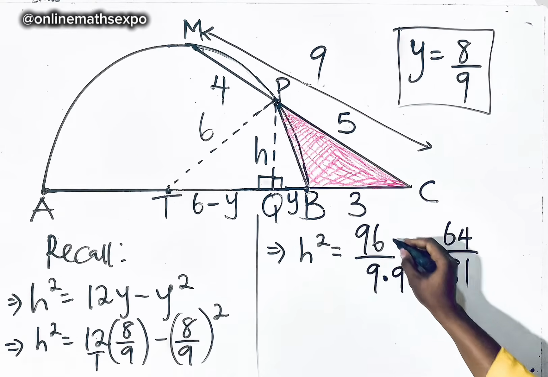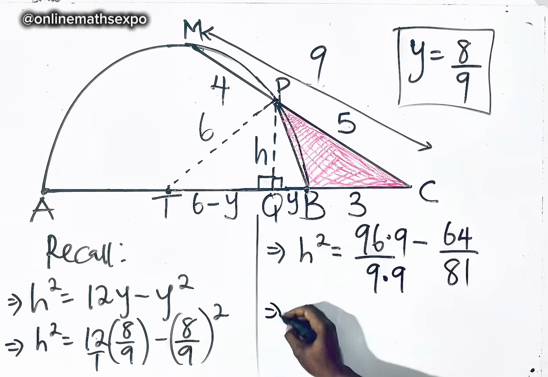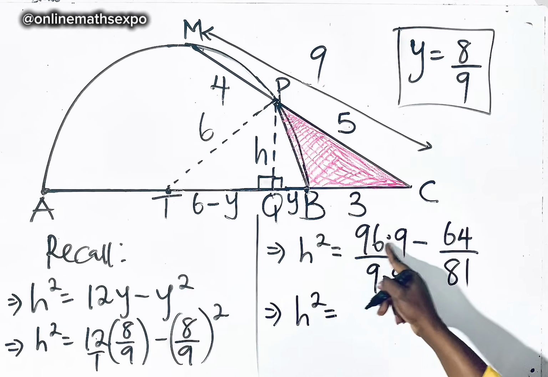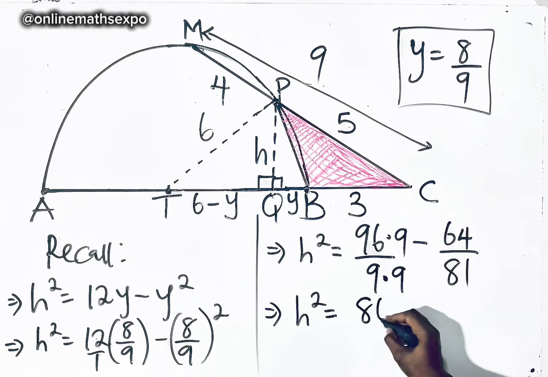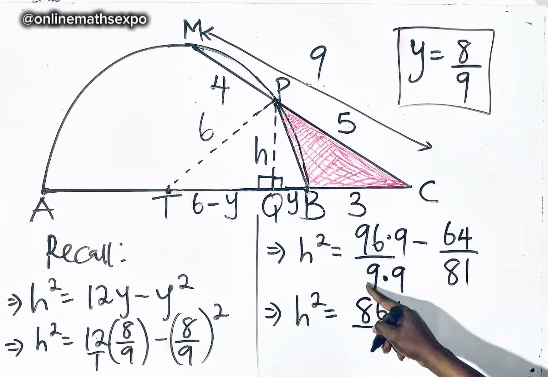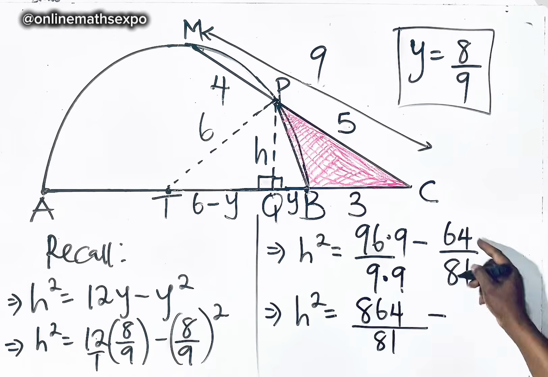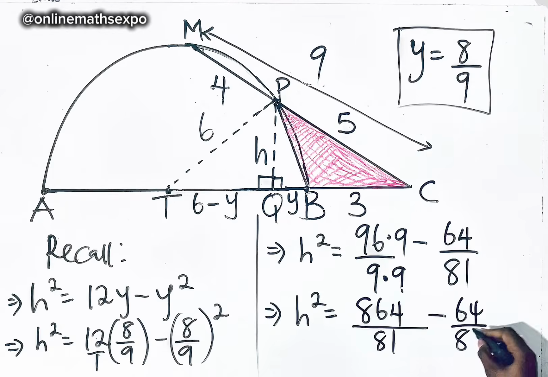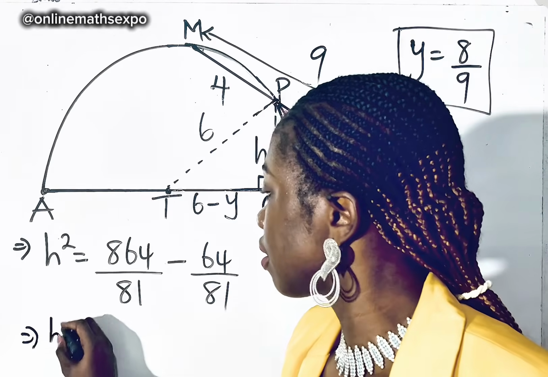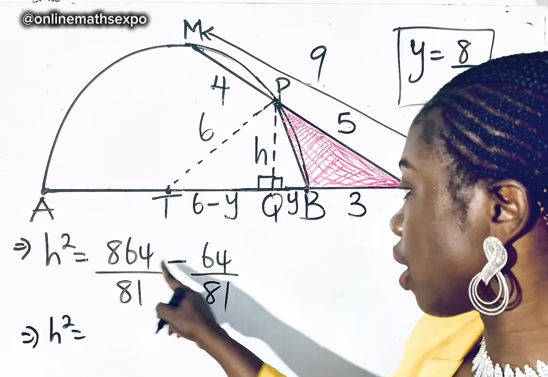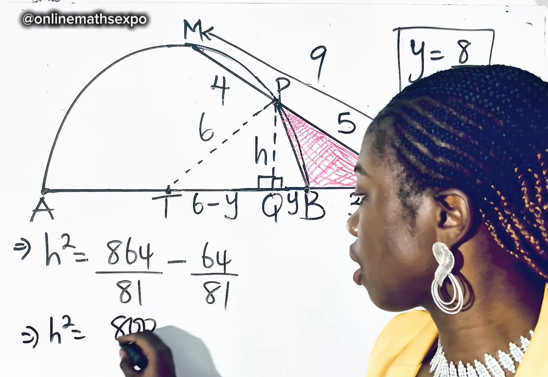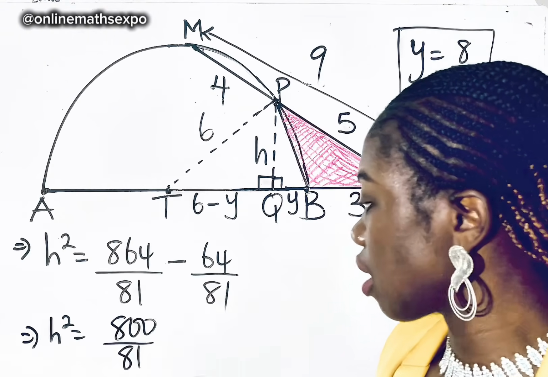Multiply this by 9 and this by 9. We have h squared is equal to 96 times 9 gives us 864 over 81, minus 64 over 81. Subtracting, it gives you 800 over 81, and the denominators are the same.